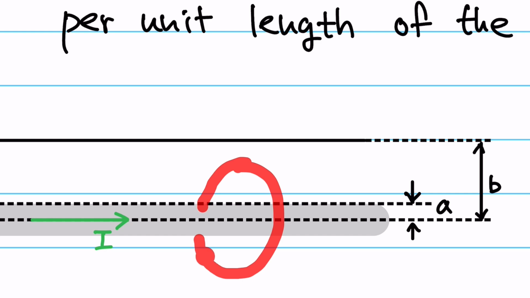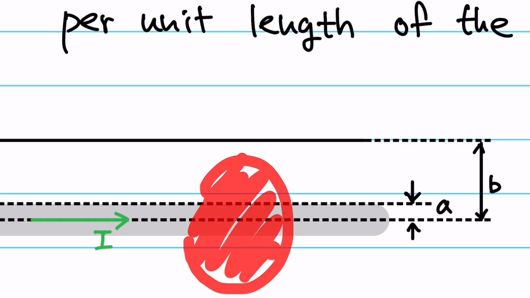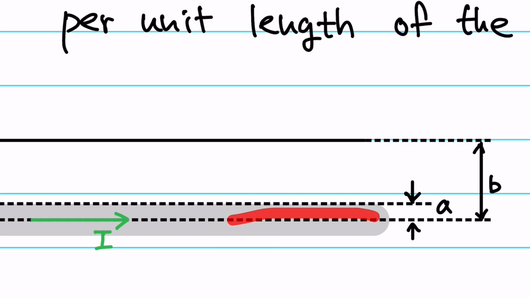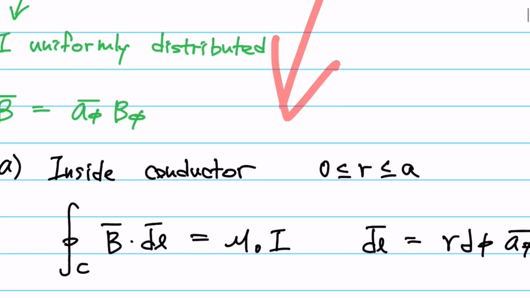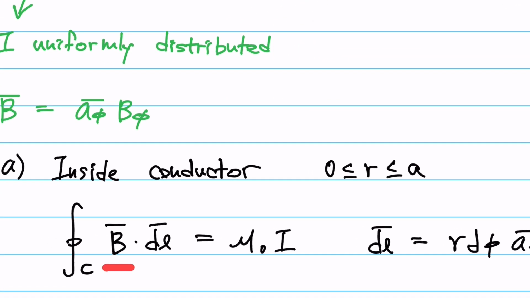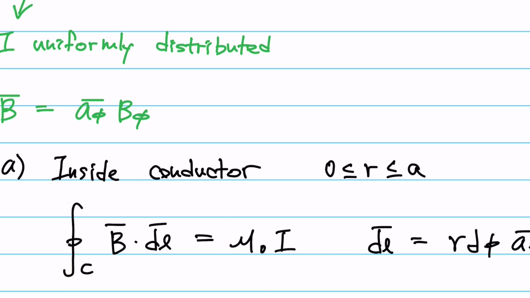That would be our contour. The red line, the contour, is where the B field is, and it is also enclosing, getting punctured by, this current. That way you can now write this equation where you have B dot dL integrated, and that will be equivalent to the current the contour is enclosing.